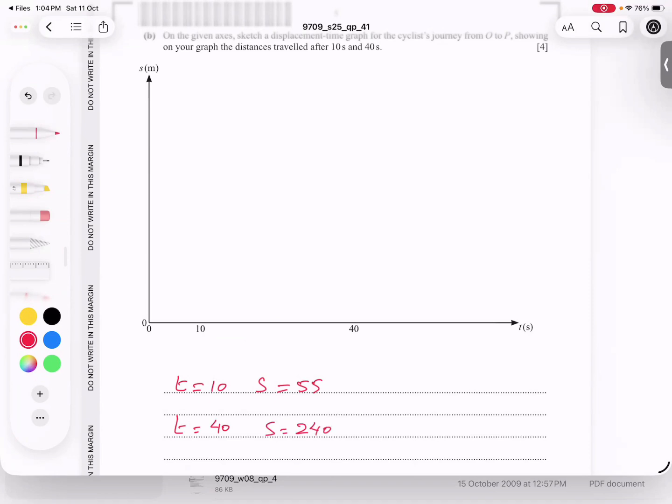Roughly 55 here. If I add 240 plus 55, it becomes 295. So approximately I take 295 here.